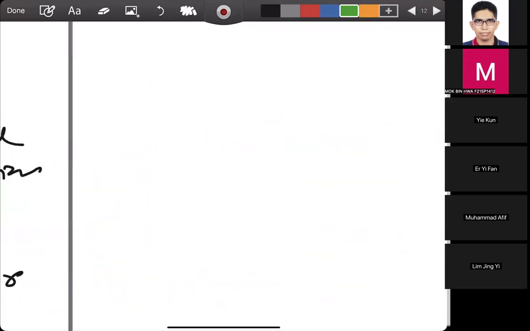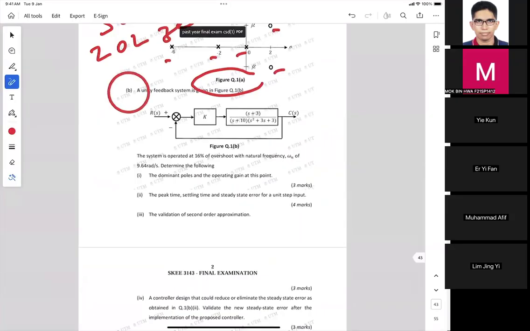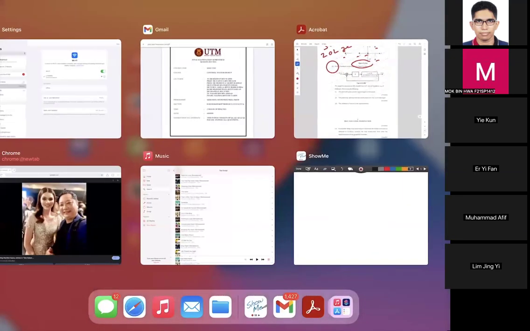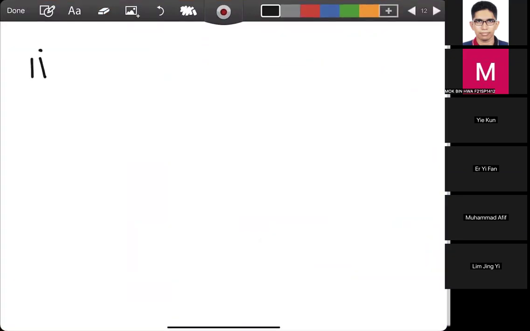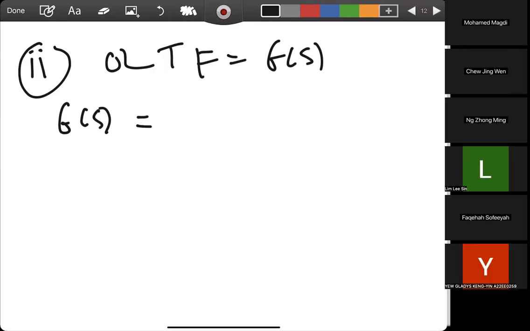Okay, so we move to the second part, which is this one. Omega n. Okay, so what is the open loop transfer function? Open loop transfer function.